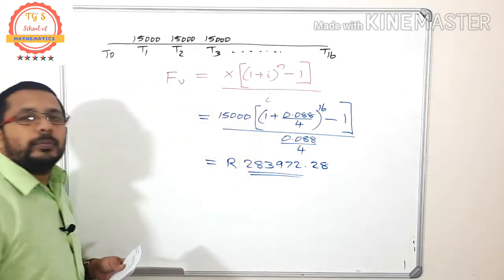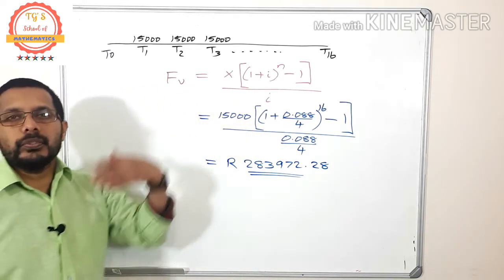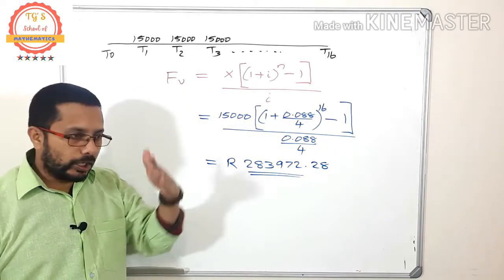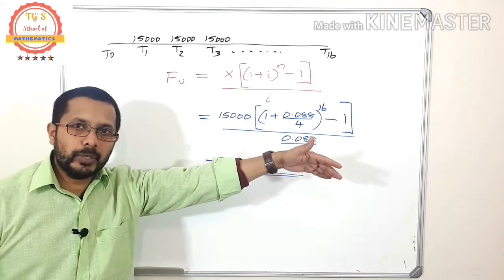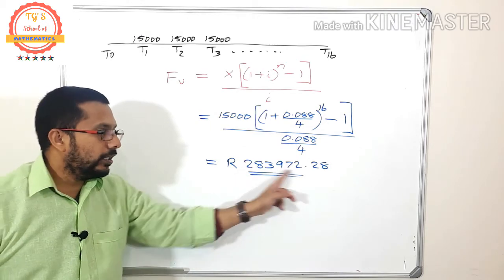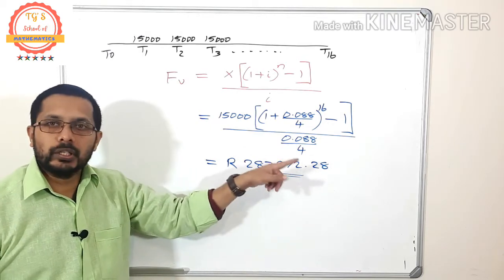What is the meaning of that? If Selby continues to make that 15,000 payment, then she will get this amount, 283,000.